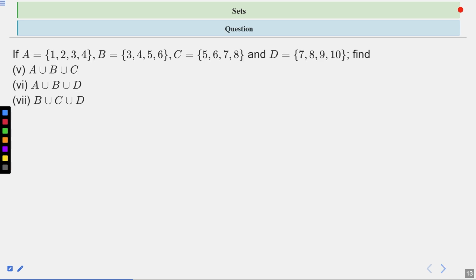Now this question: again 4 sets A, B, C, D are given to us in roster form.